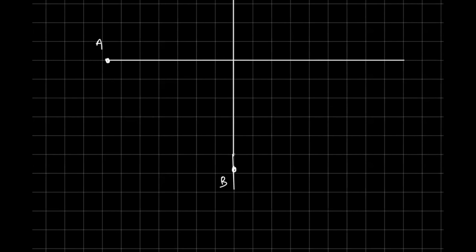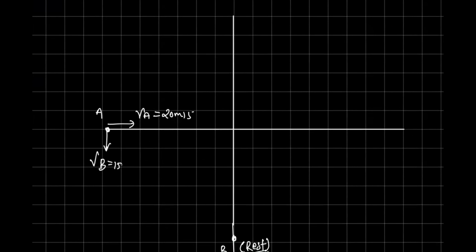So I will give all the velocity of this particle. The velocity of this particle is VB in this side, vertical up. So I will remove it from here. The velocity of this one was VA and I will give it in this side. So this particle is now at rest and this one is in motion. So this velocity is 20 meters per second and this velocity is 15 meters per second. So you know the net velocity is going to be in this direction.